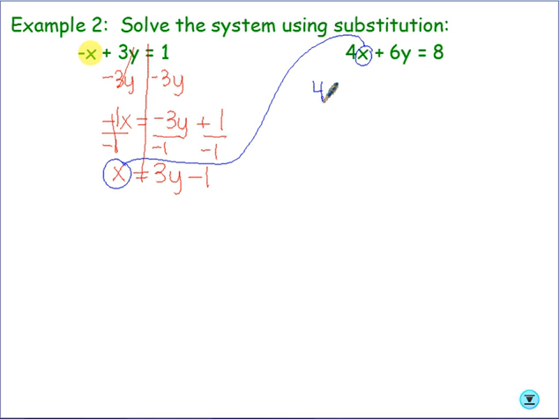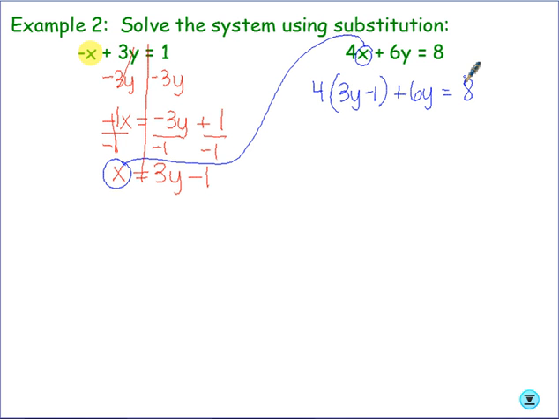X is going to change. Put parentheses. 3y minus 1 is taking its place. Then, plus 6y doesn't change, and equals 8 does not change.